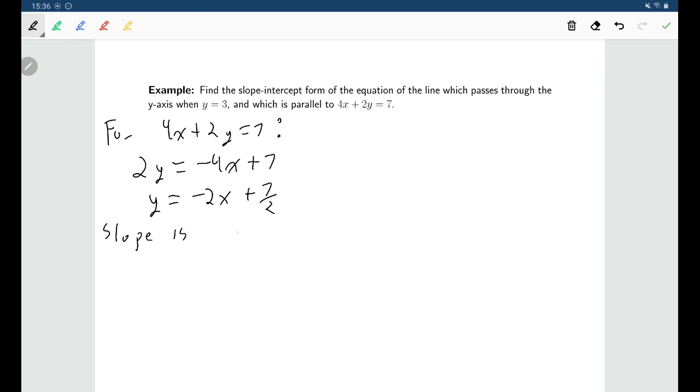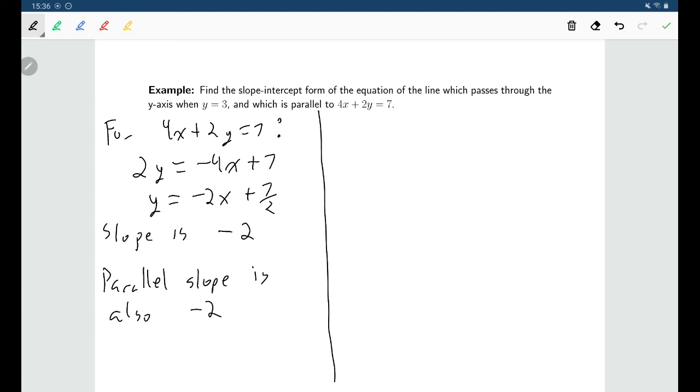And so we can find that the slope is negative 2. That means that a parallel line would also have the same slope. So the line that we're going to create should also have a slope of negative 2.